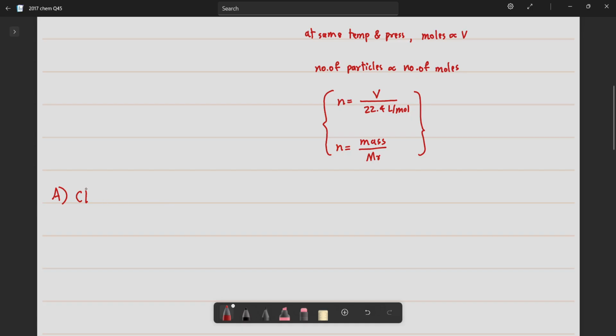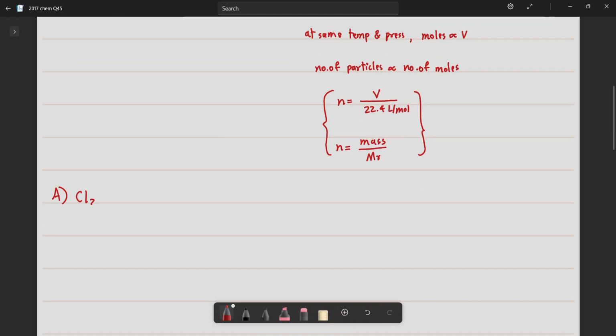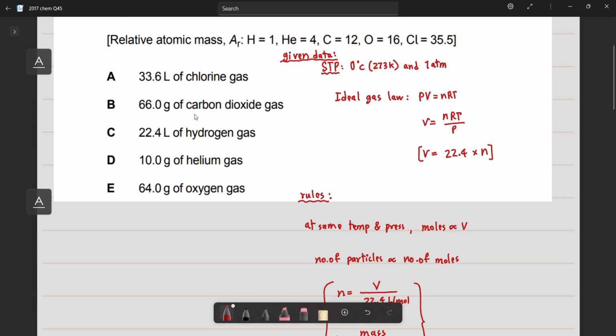So for chlorine gas, moles equals 33.6 liters divided by 22.4 liters per mole. This will give us 1.5 moles.